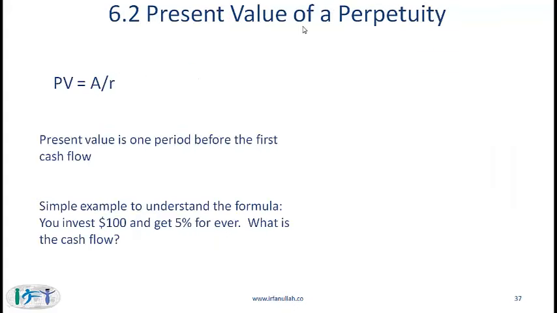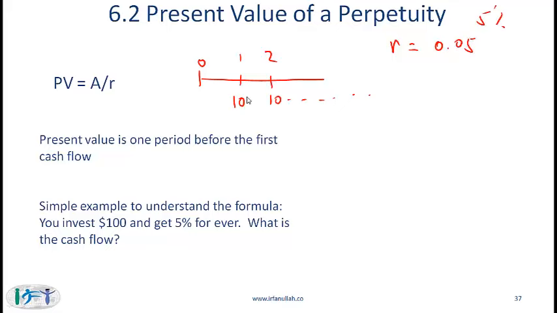Moving now to the present value of a perpetuity, and if you recall, a perpetuity is a never-ending series of equal cash flows. So let's say we have a really simple perpetuity where you receive $10 at the end of every year forever, and let's say that the discount rate is equal to 0.05 or 5%.